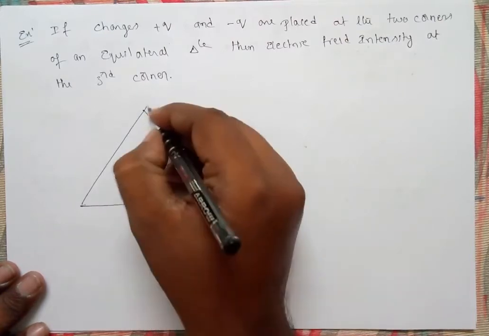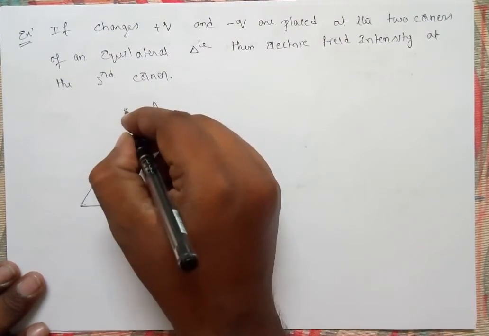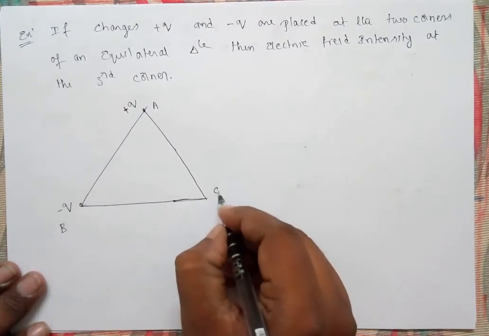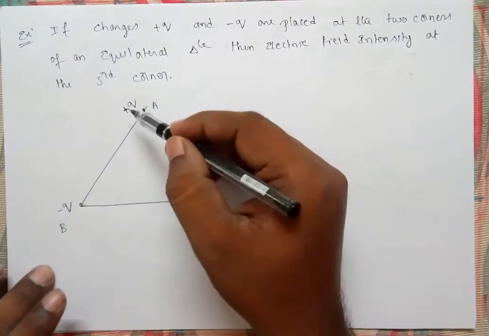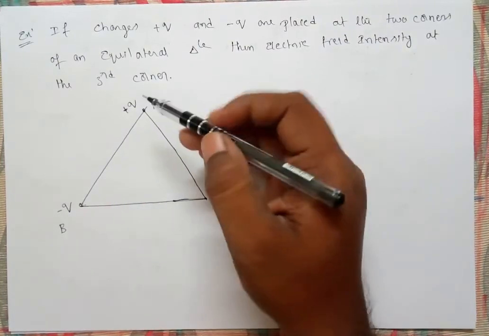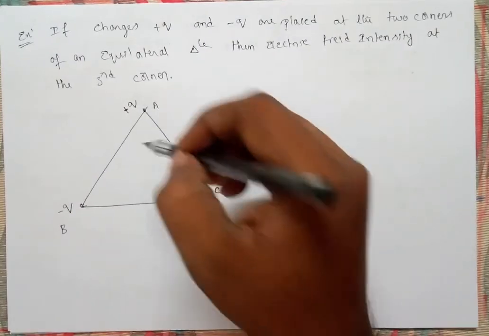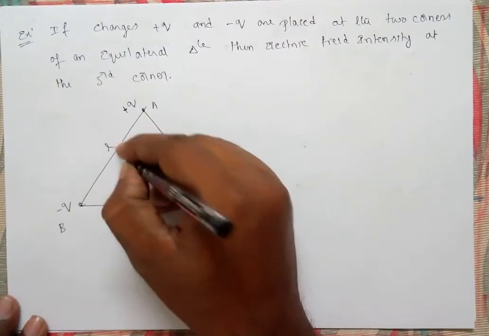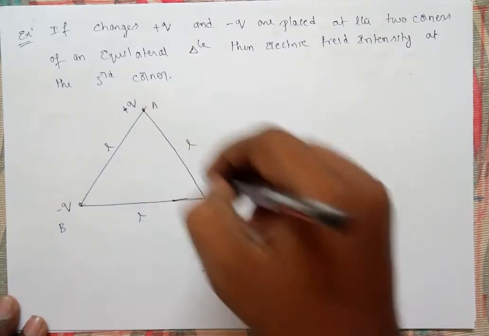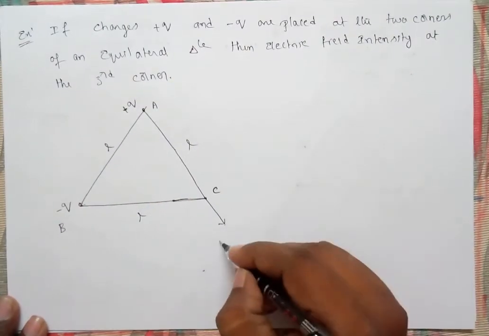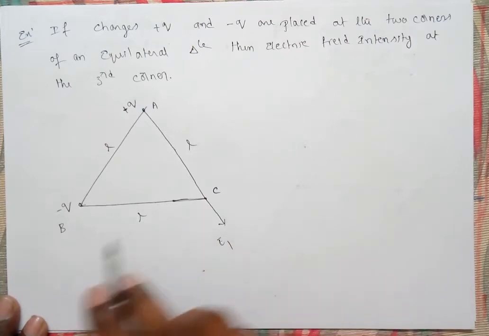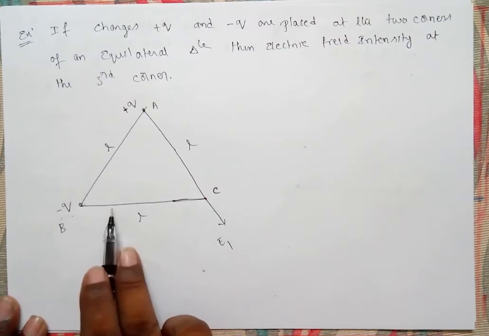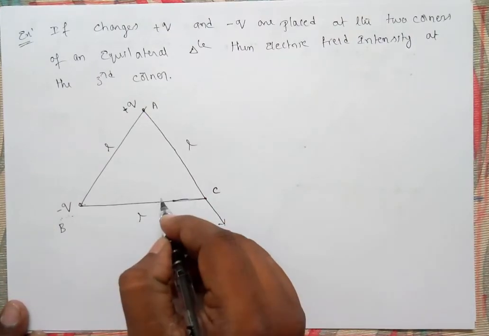Let us take A as plus Q, B as minus Q, and C the third corner. Because of the positive charge, the electric field intensity is away from it; in an equilateral triangle all the side lengths are the same, and that is E1. But due to the negative charge, the electric field intensity is not away, it is towards it; that is E2.